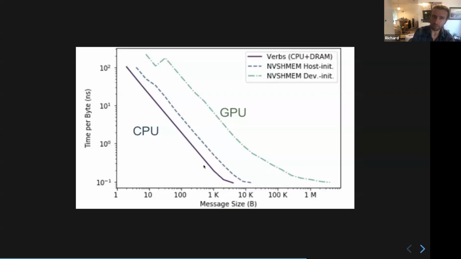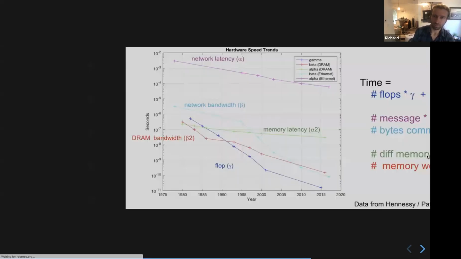If you look at only 1,000 bytes or 100 bytes or so, you're paying off the cost of having done that. So one way of thinking about this is that if you are thinking about using GPUs, you need to be able to move a lot of data onto them before it's worthwhile. And if you're programming algorithms on GPUs or CPUs, you need to be thinking deeply about how much data you're moving and how much you're looking at.